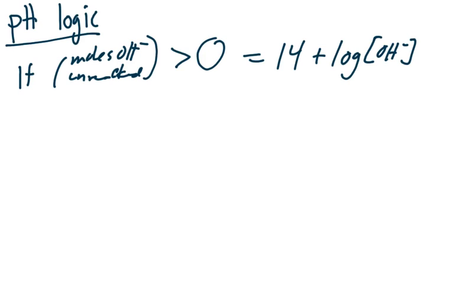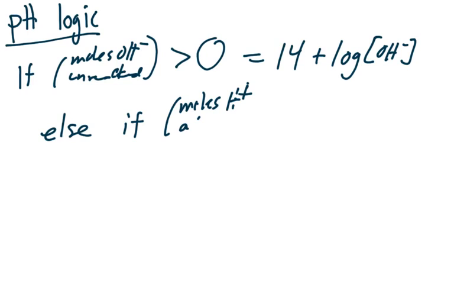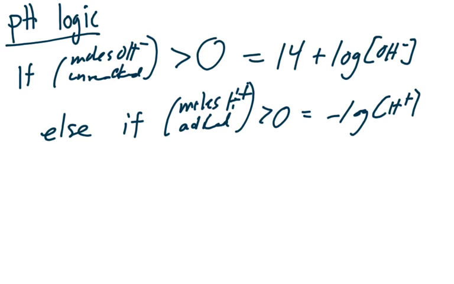Right? If that's not true, or else, I'm going to put another condition. If moles of H plus added is greater than 0, pH is equal to negative log of H plus.